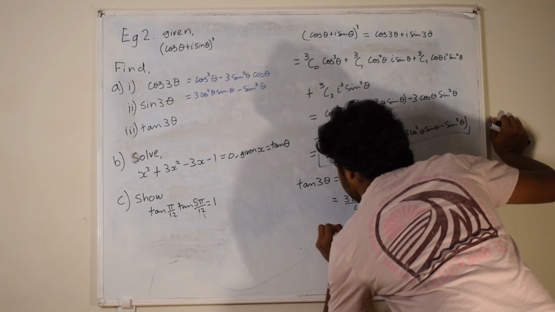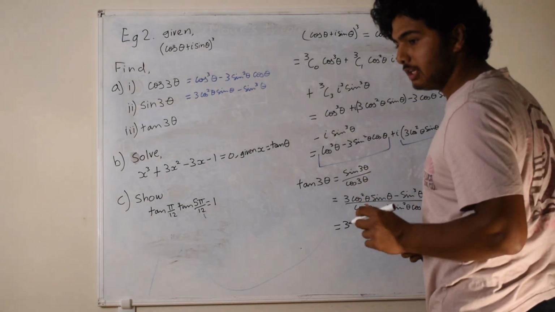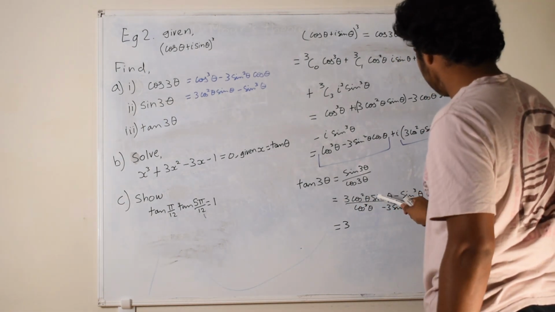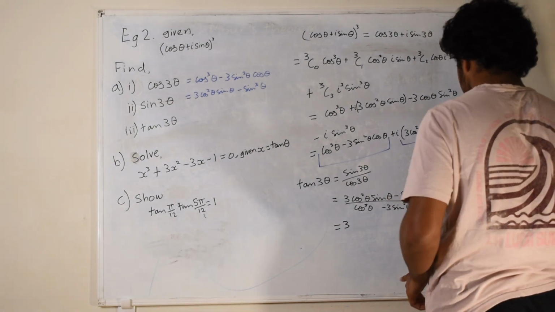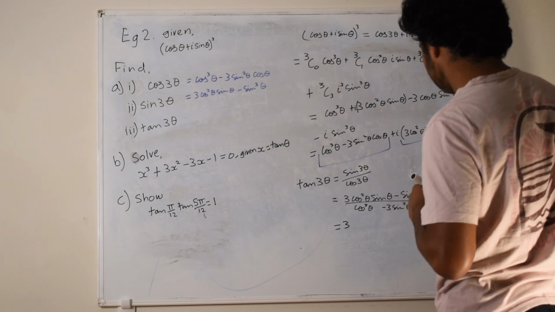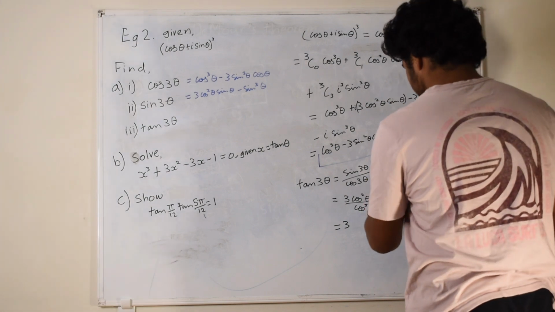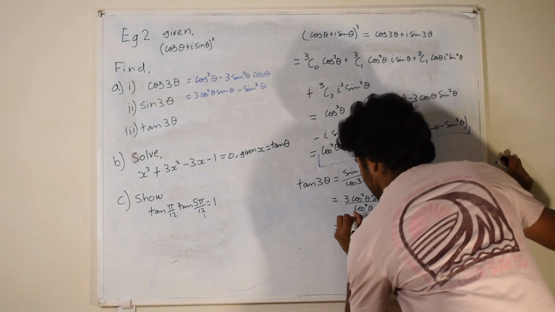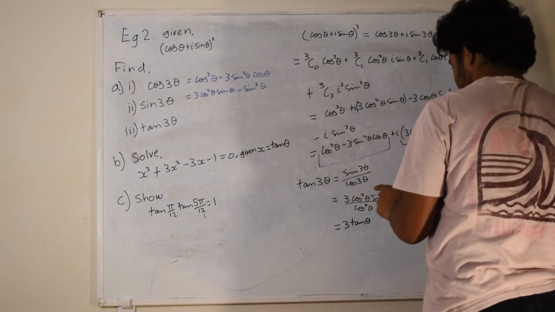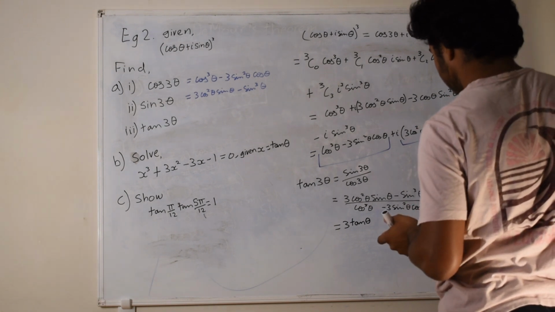So we have 3. 1 upon cos is sec, and 1 upon sine would be, or am I making a mistake? So if I divide both sides, this then becomes 3 tan theta, and then cos squared upon cos squared cancels out.